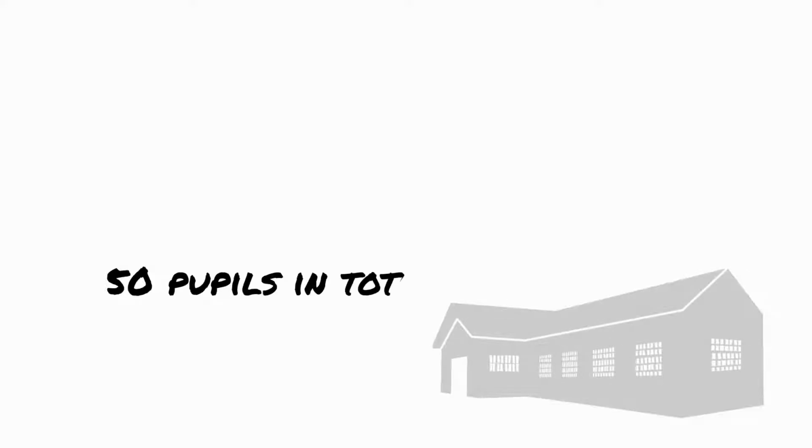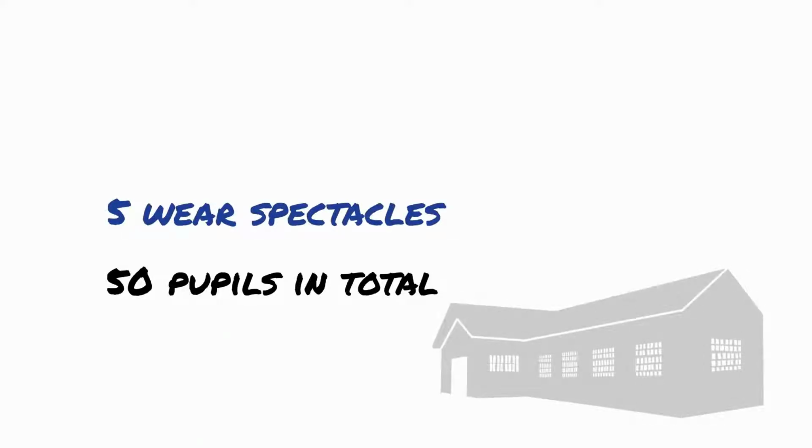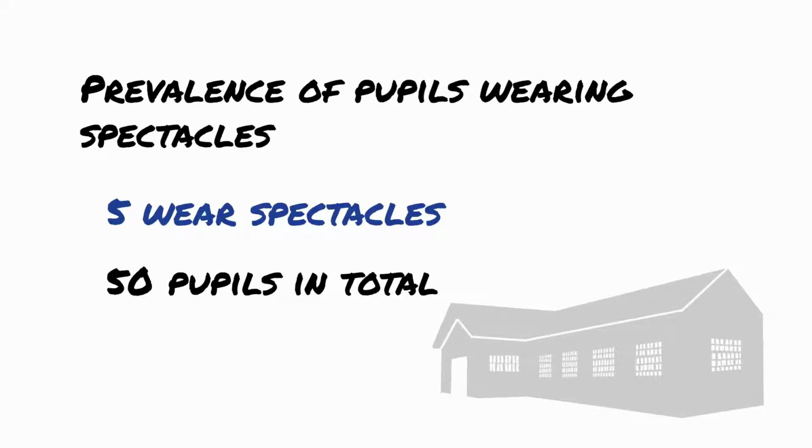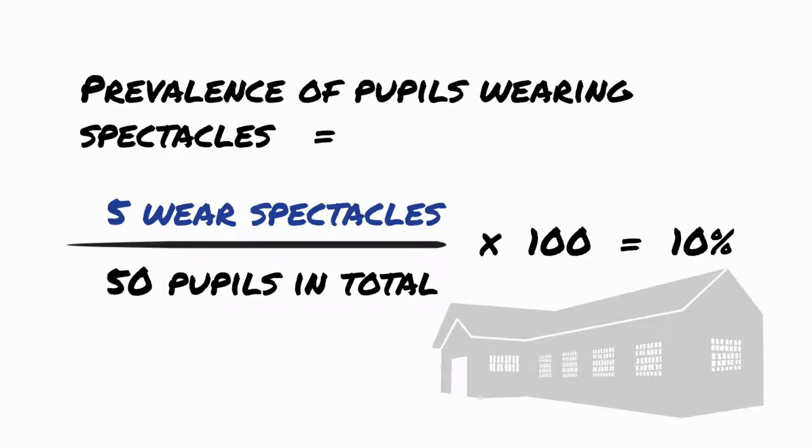For example, let us consider a school with 50 children where 5 pupils are wearing spectacles. To calculate the prevalence, we divide 5 by 50 and then multiply by 100 to get a percentage. This gives us a prevalence of 10% for spectacle-wearing children at this school.